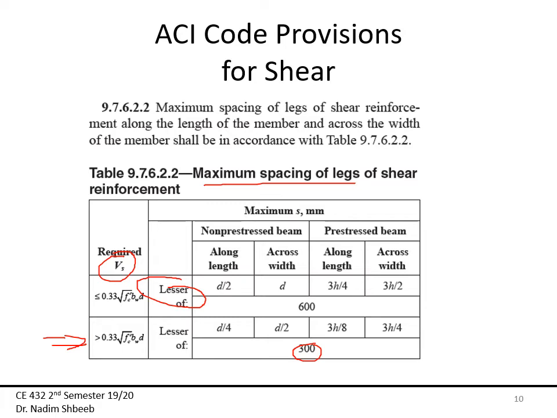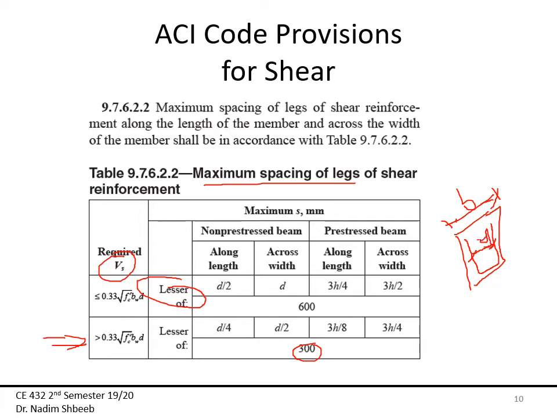The other thing that is new in the ACI 19 code is across the width. So if I have a cross section like this, and this is my width B, and then I have my regular stirrup over here, this distance should not be more than d.